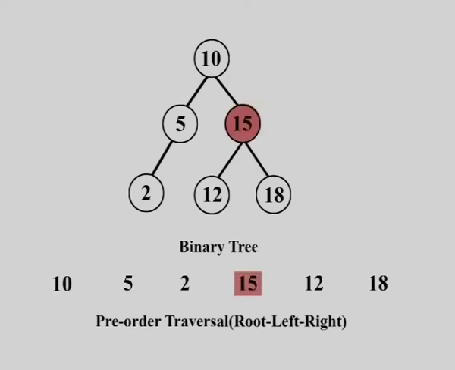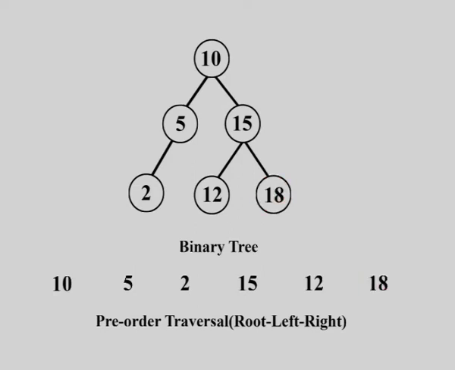In the right subtree, the root node 15 is visited first, and then the left subtree of 15 is traversed. This left subtree contains only one node 12, which is traversed. Now it is the turn of right subtree of node 15, as right subtree contains only one node, so this only node 18 is visited.